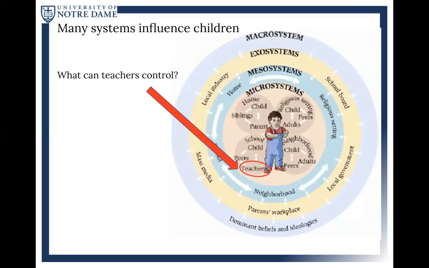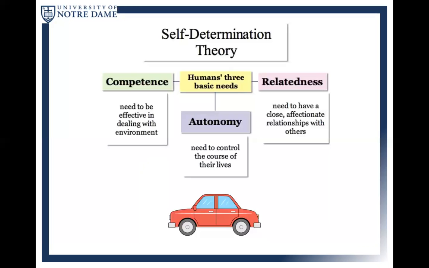And so over the next couple of slides, we're going to be focusing on what we as teachers can control within our classrooms and within our relationships with our students that will help nourish their purpose. One way of framing this theoretically is through self-determination theory. Self-determination theory states that humans have three basic needs. An easy way to remember them is through the acronym CAR.